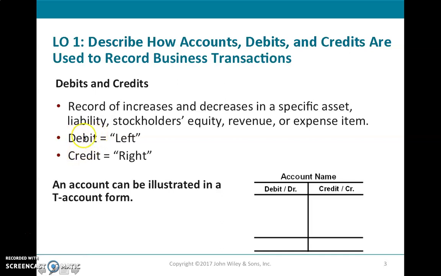However, in accounting language, debit only means the left side of an account, and credit means the right side. So we have to retrain our brain to not forget debit doesn't mean reduction in cash, or credit doesn't mean a good thing or a bad thing, a positive or negative. Just means left and right.